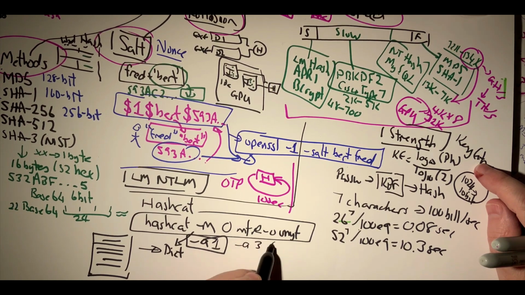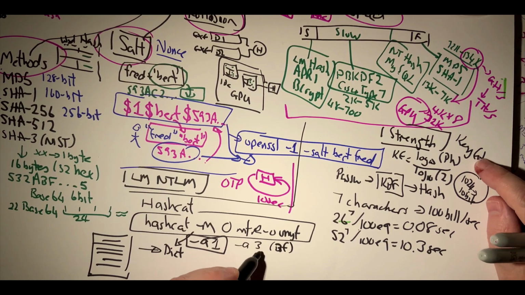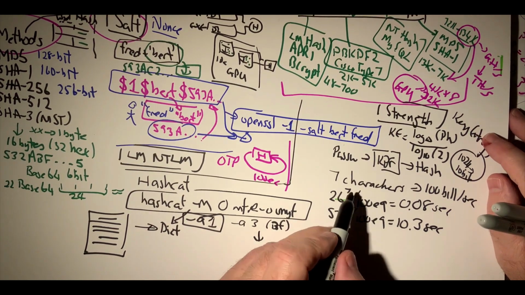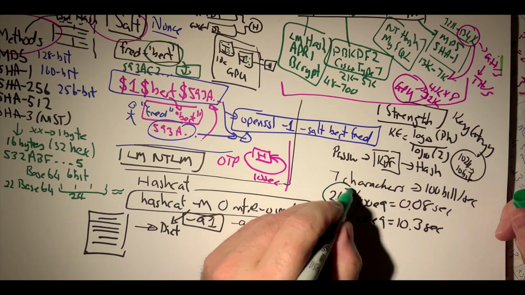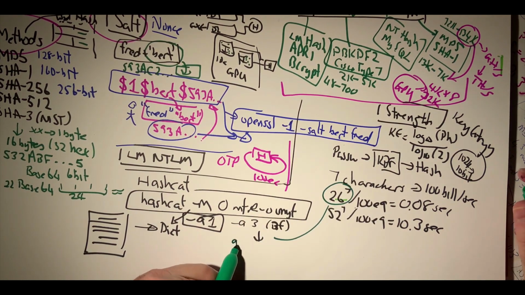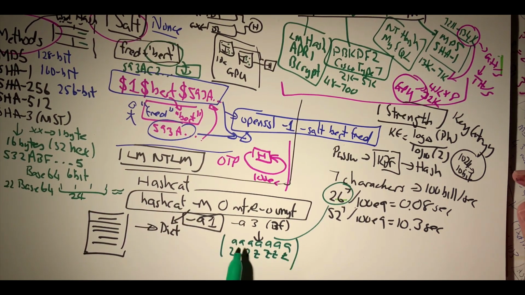-a 3 does what's called a brute force attack, and in this way it will take all of the character sequences and try them out. So in this case it will take all A's to all Z's and try each one from A, and so on until it gets to the end one.